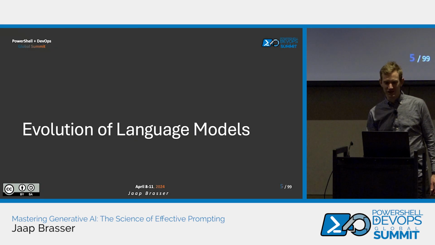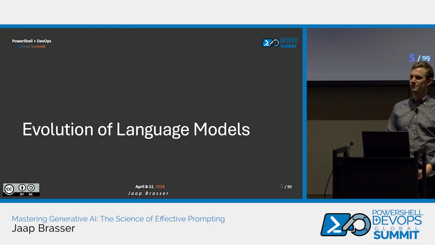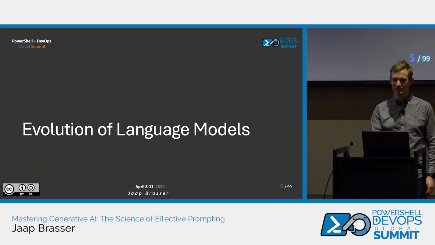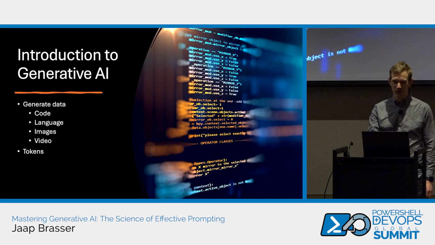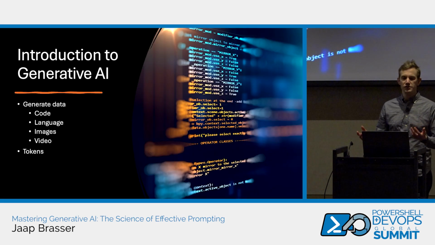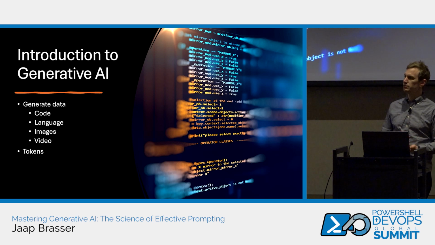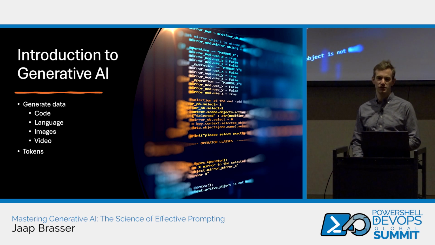But yeah, let's talk a bit about the evolution. It's a bit hard to pick which ones to go into, but generative AI can generate any kind of data. What we're mostly going to be talking about today is code and language, so interacting with either the OpenAI APIs, or you could use the Azure APIs.